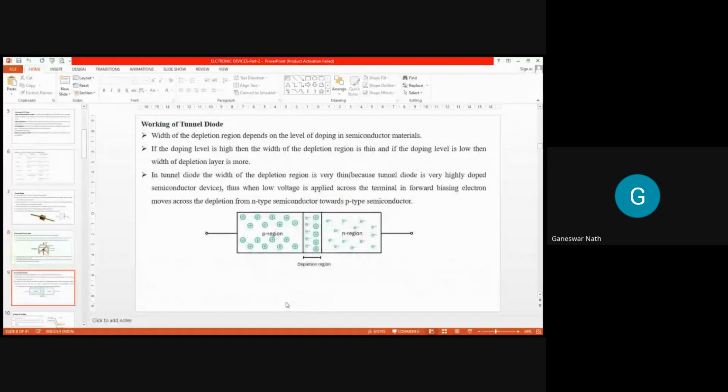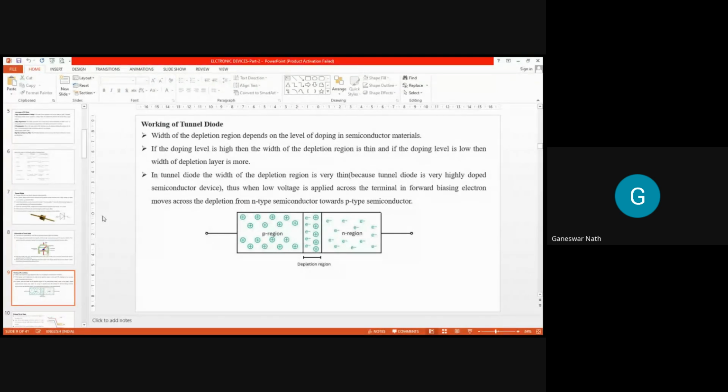Now, coming to the working. So all of you can see, the working of the tunnel diode can be explained in different contexts. Let me go one by one. This is the general tunnel diode depletion region I am showing. The width of the depletion region depends upon the level of doping in the semiconductor material. So this width depends on how much the material gets doped.